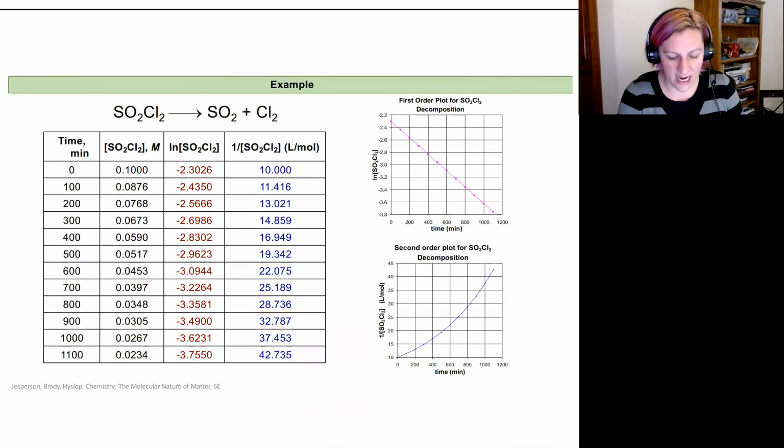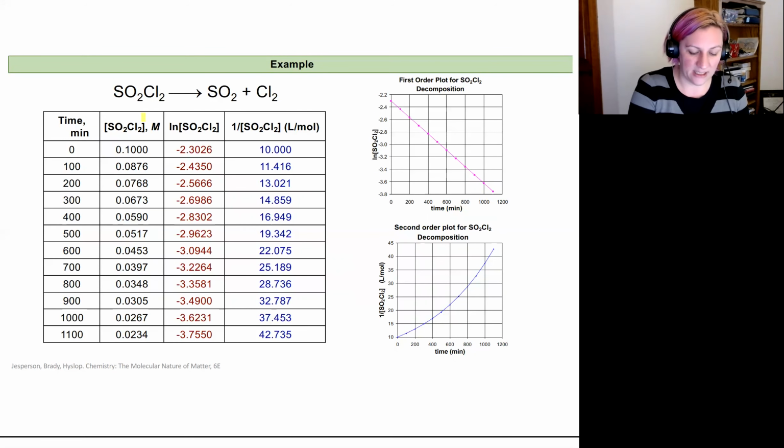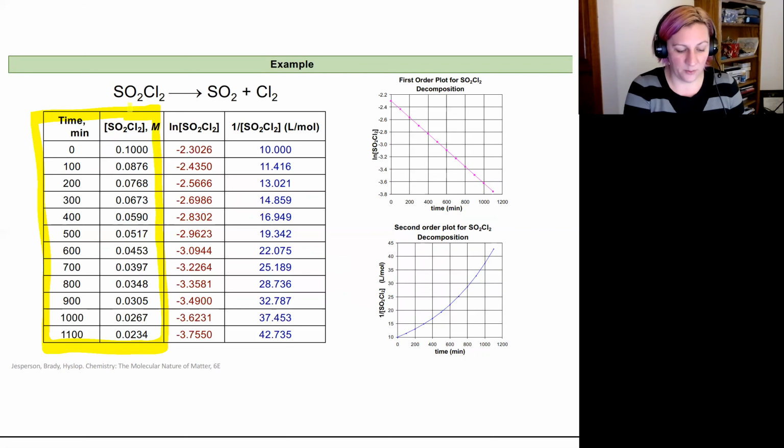So here's a reaction that's being studied with SO2Cl2 decomposing into sulfur dioxide and chlorine gas. And so the information that you would probably get in the lab is this piece right here, time and concentration. So this is what you would plot to find out if it was zero order.